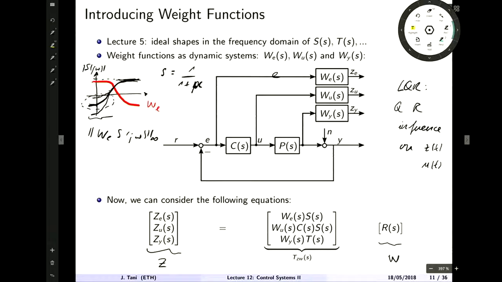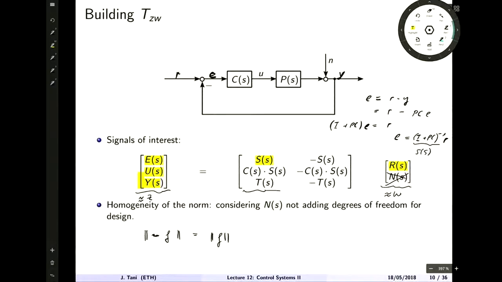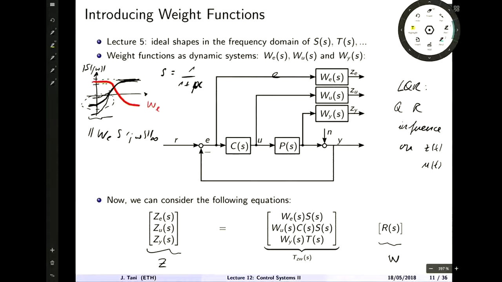So if we make WE smaller here, so we have this zone here, then we say, well, okay, the sensitivity should be smaller in that frequency range. So we can, in the design, directly influence sensitivity, complementary sensitivity, and possibly also other signals that we include in the TCW. Is that clear, the difference?